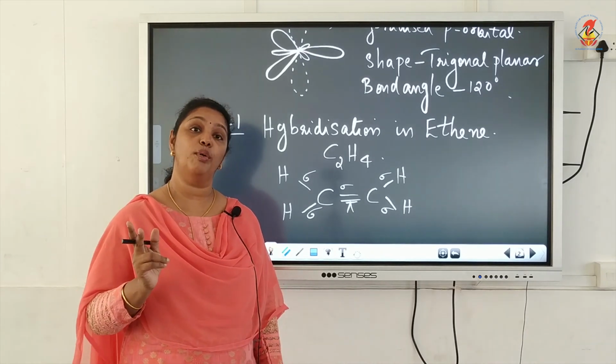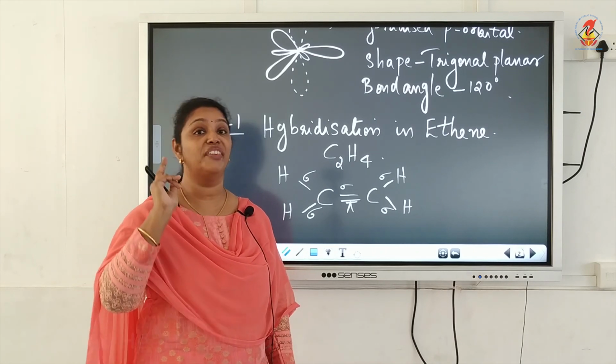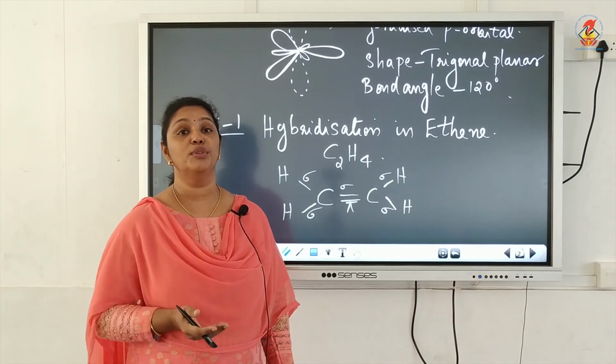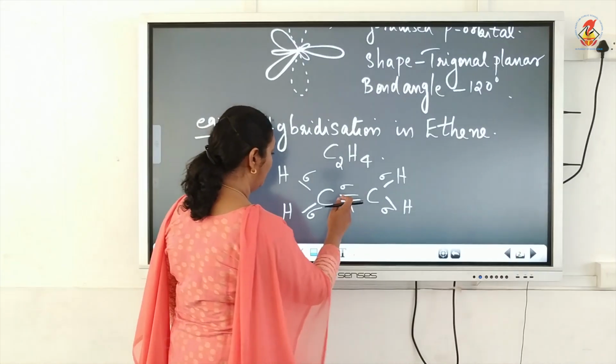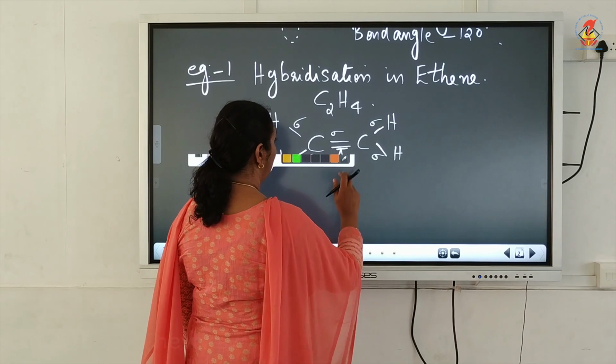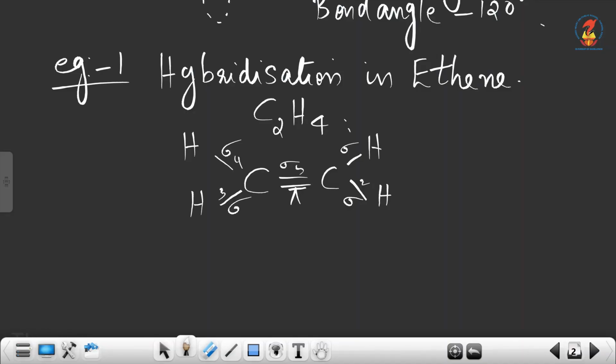So if it's a double bond, one bond is sigma, one bond is pi. If it's a triple bond, one bond is sigma and two bonds are pi bonds. So in ethene we have 1, 2, 3, 4, 5 sigma bonds and 1 pi bond.